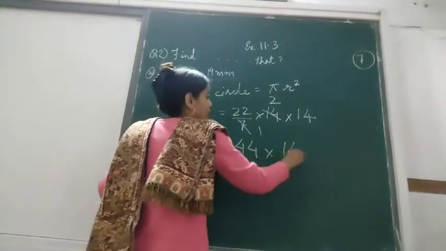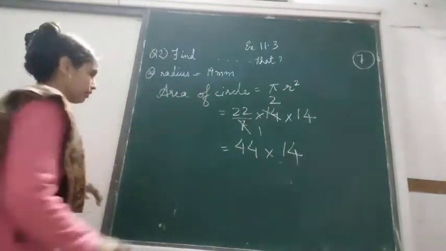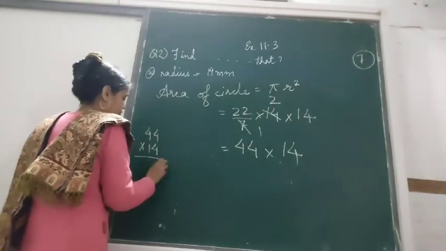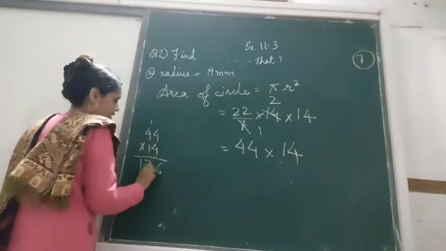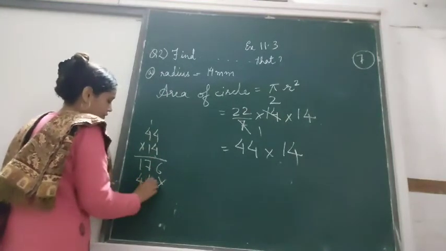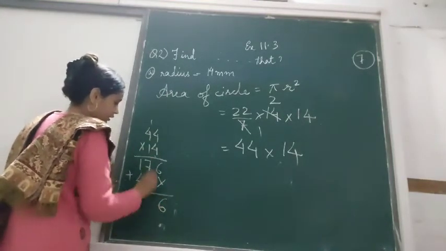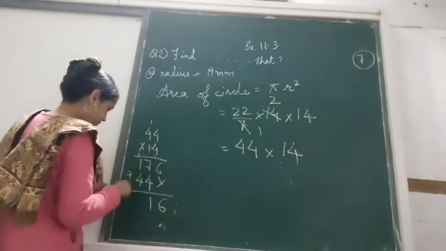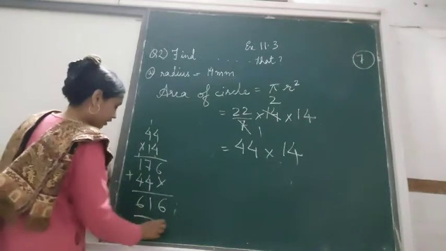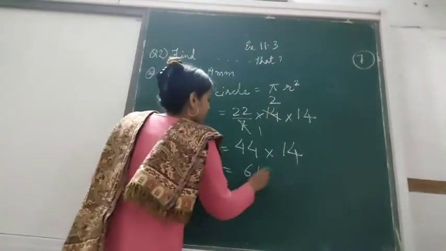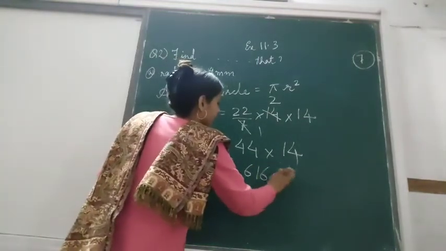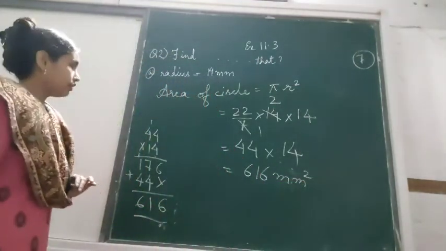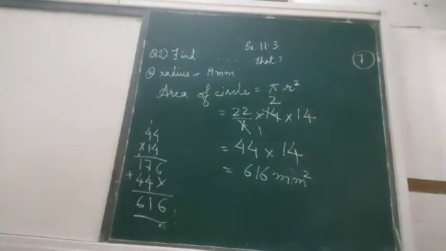We multiply 44 and 14. 4 4s are 16. 4 4s are 16 plus 1, 17, and 44, 6 and 11, and this is 6. So the answer is 616 millimeters square. So this completes the first part.